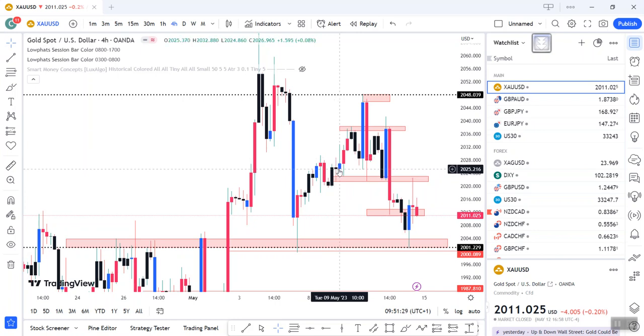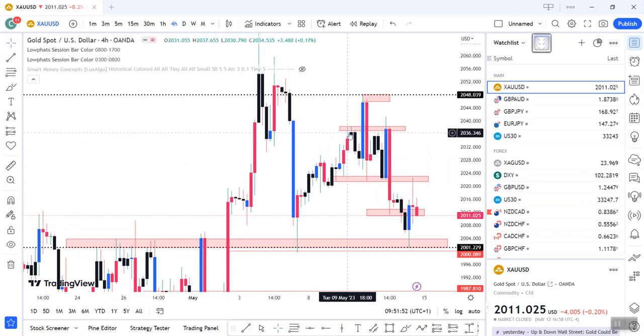Then London opened at its own time, went as high as this, came back and closed here. But the US session came, tested the zone, touched it briefly, then went as high as this zone.